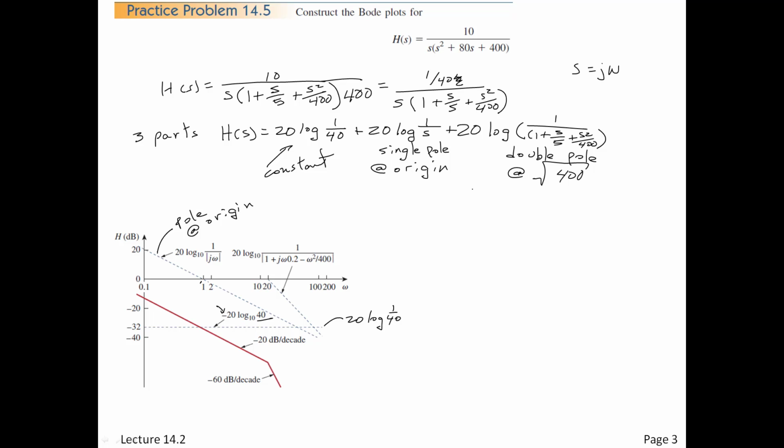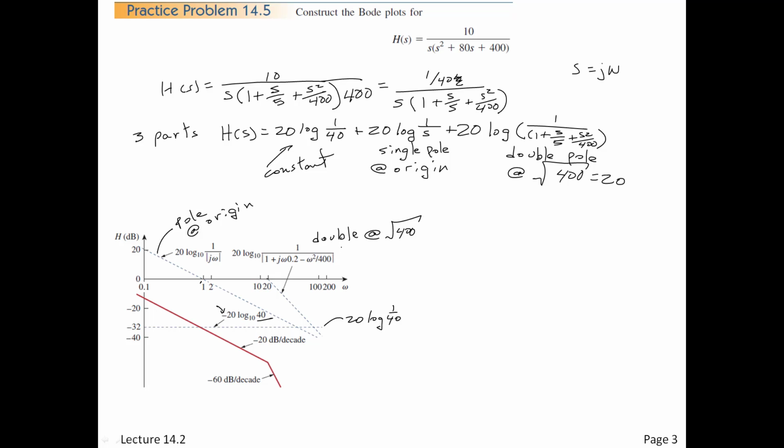Okay, and over here is our double pole at the square root of 400, which is 20. And we see that here. So here we have the function breaking at omega equals 20 and breaking down. So this is the double pole at square root of 400.